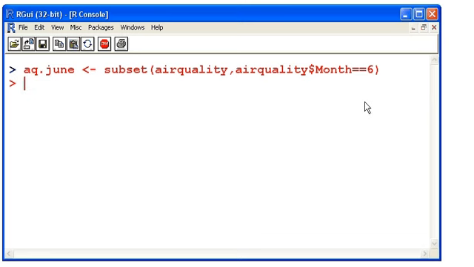That's just very important. aq.june is air quality for June. That's just a name I picked myself. If you're coming from other programming languages, that dot doesn't mean anything. It just makes things easier to read. Okay, so let's get the summary of aq.june.